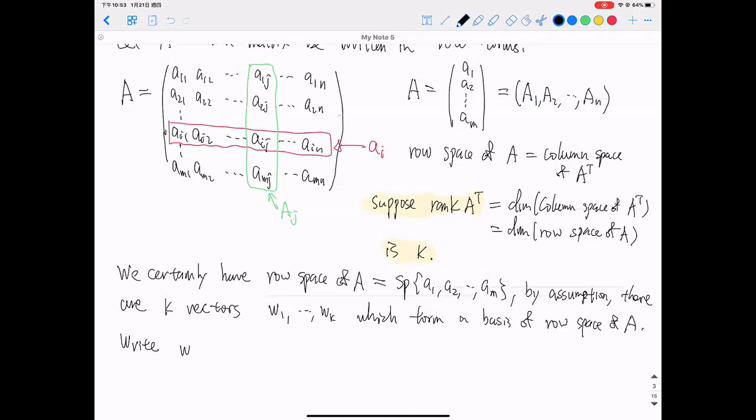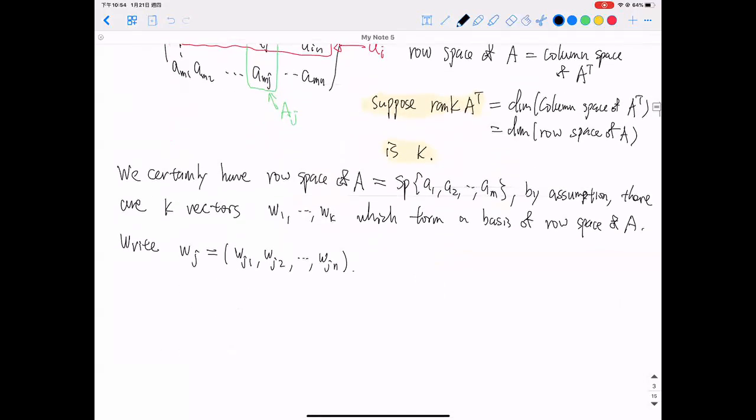That is, Wj, say, is written as wj1, wj2, ..., wjn. Okay. Now being a basis, you can write everything in the row space of A as a linear combination of the W's.